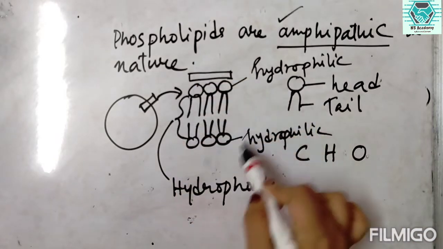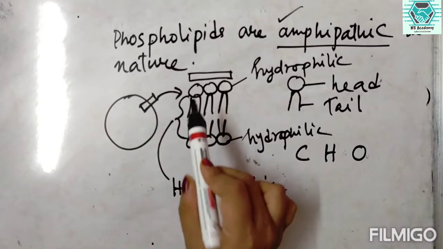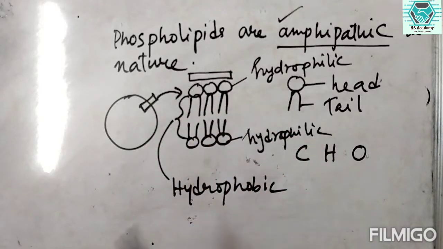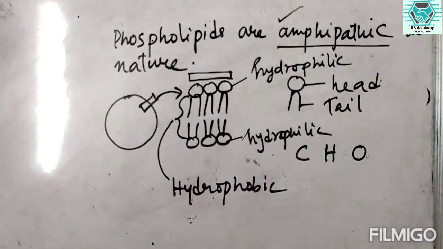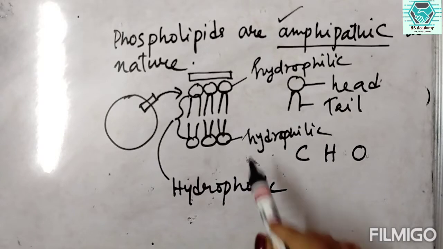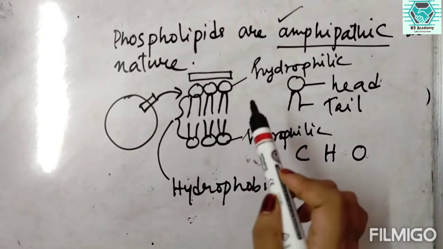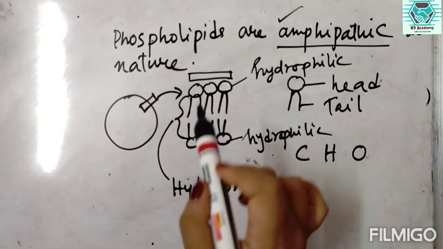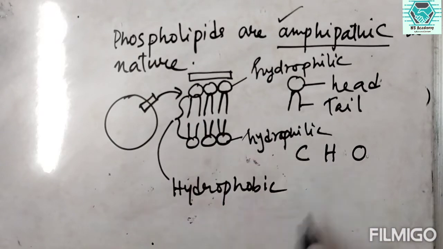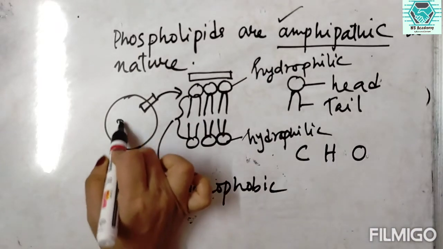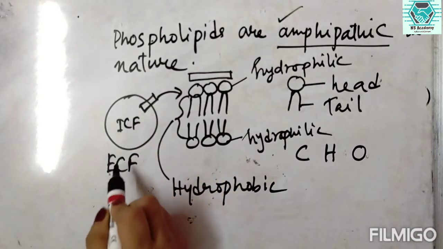So this portion is a small part of the membrane. If we enlarge it, we can find out the lipid bilayer, and this one is the lipid bilayer. The core of the bilayer is formed by hydrophobic tails, whereas the head portions are attached with the cytoplasm. This area is the ICF, the intracellular fluid, and the ECF is the extracellular fluid.